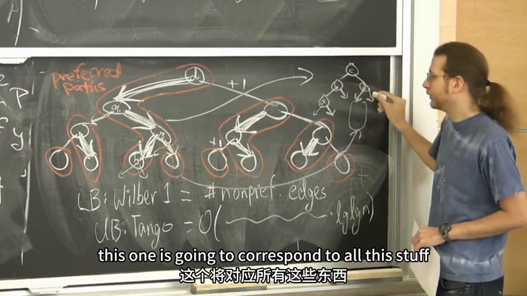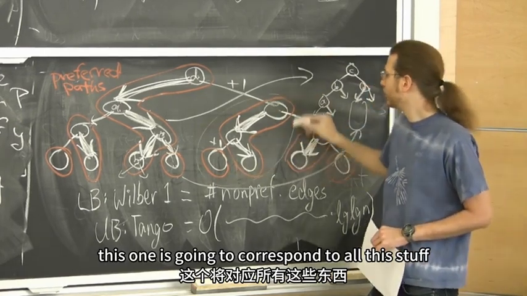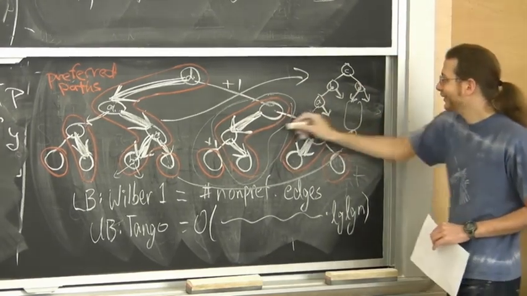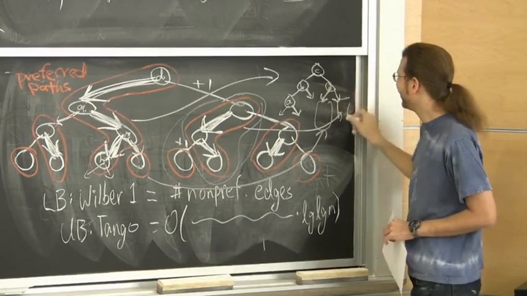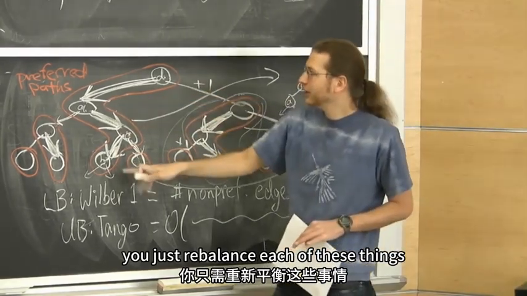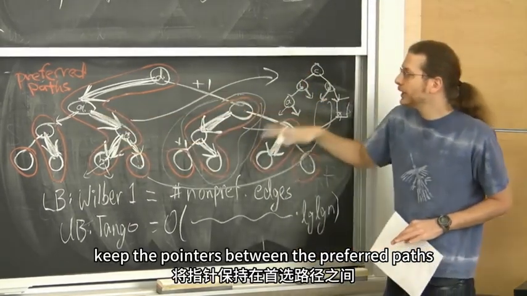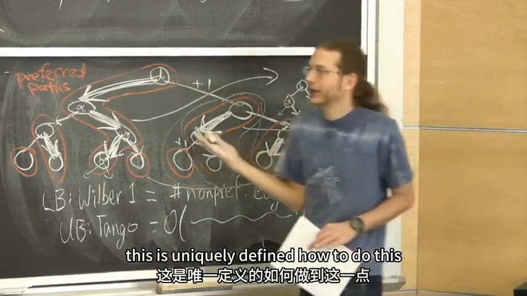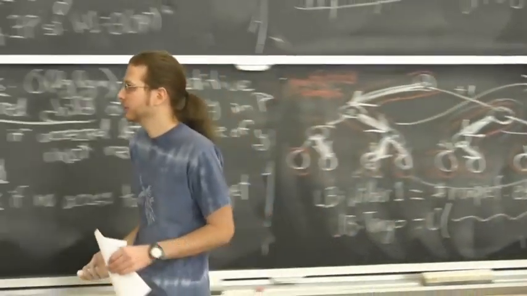And then this one is going to correspond to all this stuff. Well, in particular, this one. It's a little hard to draw this picture, but you get the idea. You just rebalance each of these things, keep the pointers between the preferred paths just as they were. This is uniquely defined how to do this because it's a binary search tree.